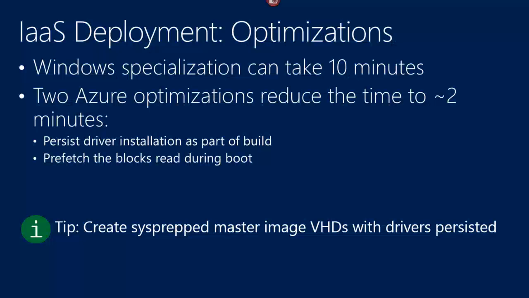We've got two that reduce the time it takes for a VM to start from a base image and actually be functional for you to RDP into it. The Windows specialization can take up to 10 minutes if you've ever done Windows deployment. One of the two optimizations is persist all drivers. What we do is we boot these VMs in our lab off of the hardware, and so the drivers get installed for our hardware.